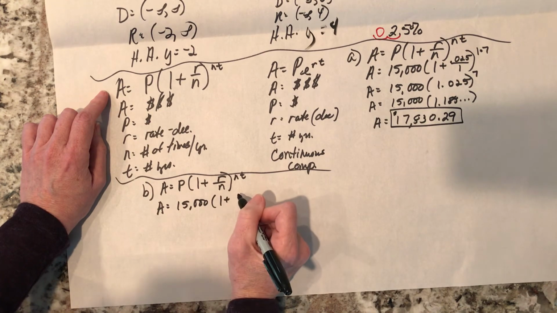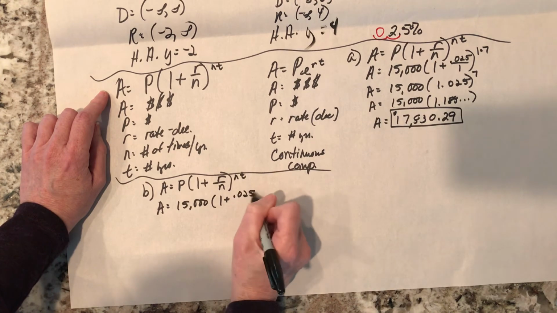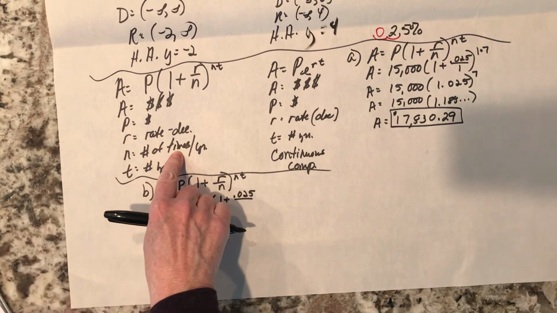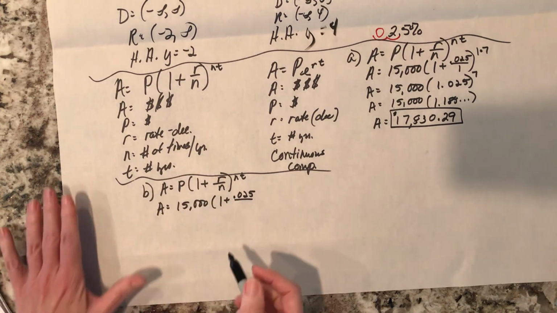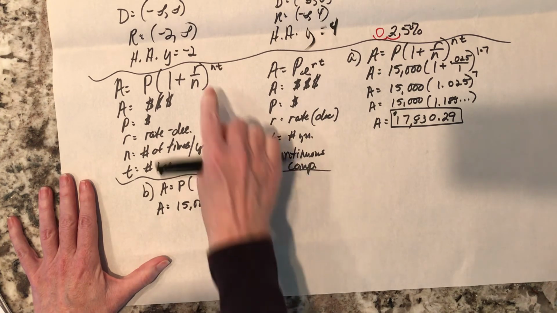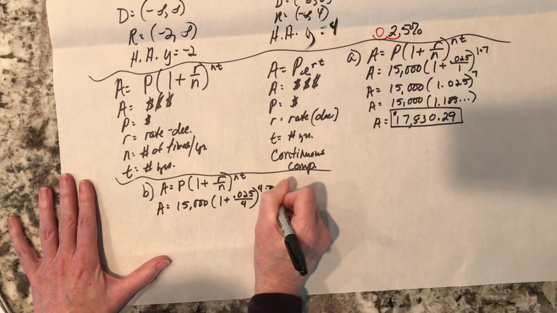The rate is still 2.5%, so 0.025. N is the number of times per year it's being compounded, and that is a 4. It's 4 times quarterly, every 3 months. Raise it to the N quarterly times how many years?